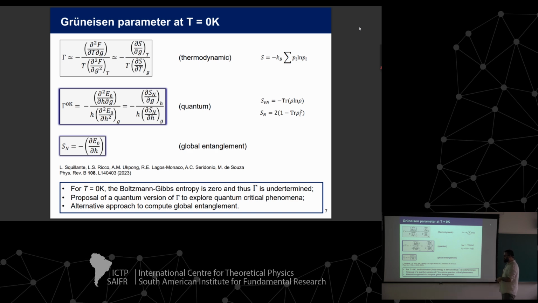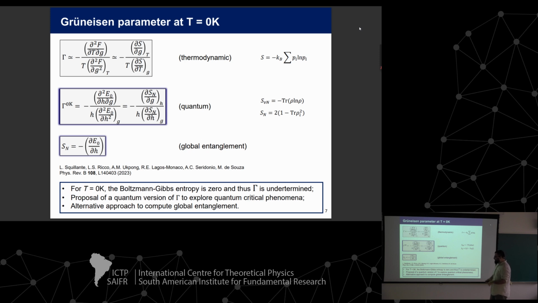I see. So they really don't talk to each other because they are defined on different domains. Yes, exactly. We know that at finite temperatures you can have both thermodynamical entropy and von Neumann entropy, for example, because they are not mutually exclusive.